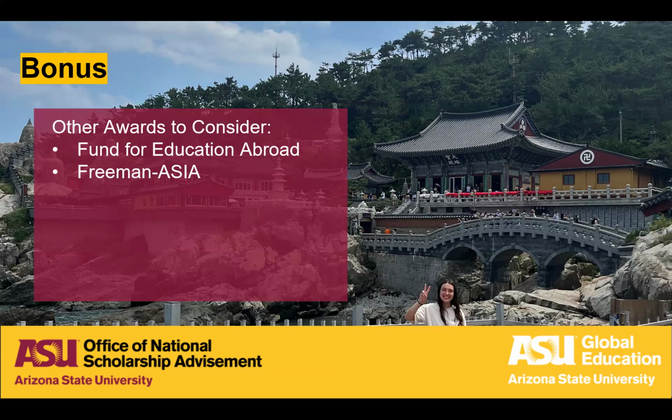The application typically opens in the fall. It opens in August and is due in September, or maybe July, and then is due in September. And then the spring deadline opens actually in November and is due like very end of January or beginning of February. Okay, so one to keep in mind if you're planning ahead in the future.